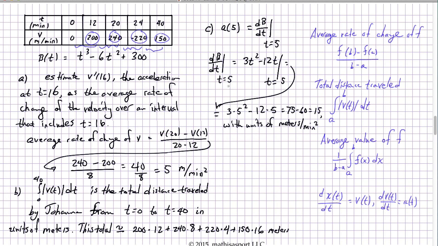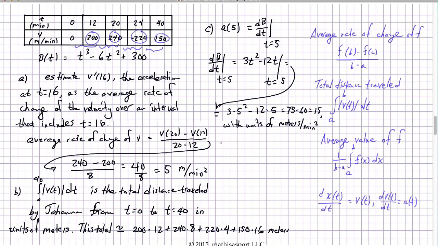Finally, we need to find Bob's average velocity. Okay, well, before we were finding the average rate of change of the velocity. Now we're finding the average velocity, and so we use this formula over here for the average value of a function over an interval.